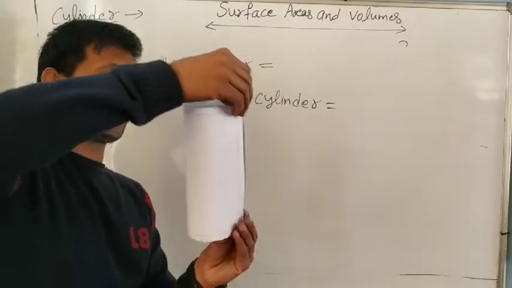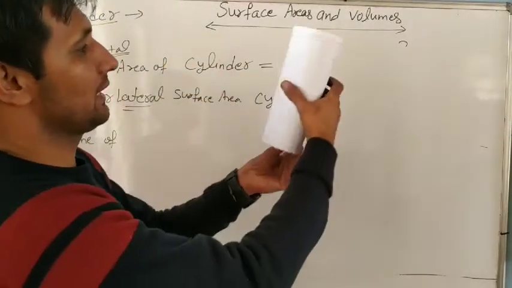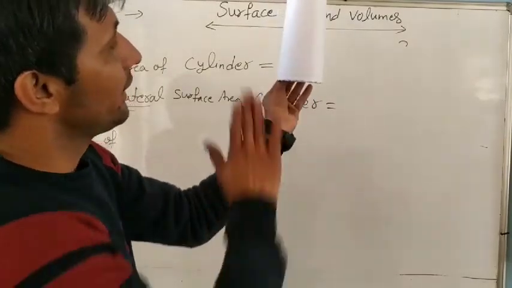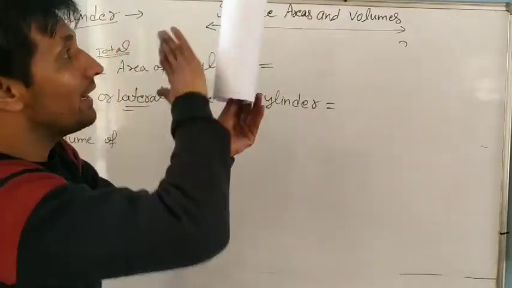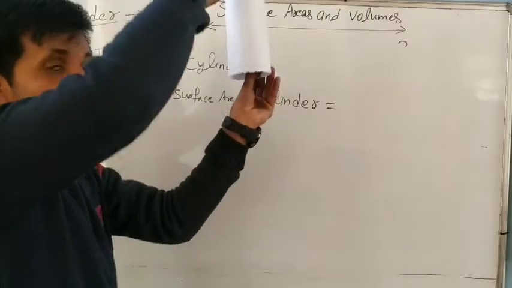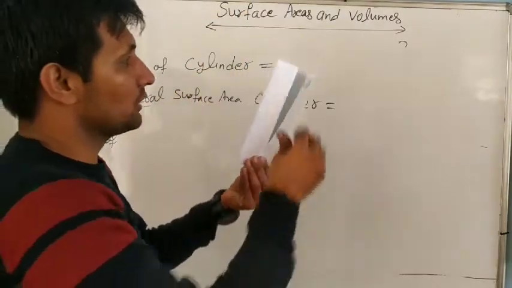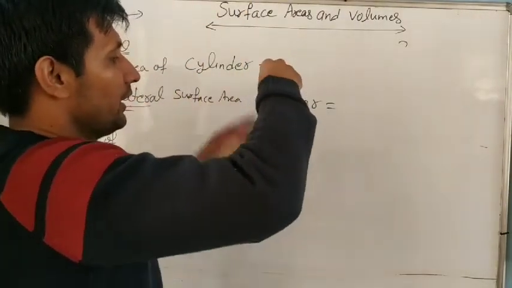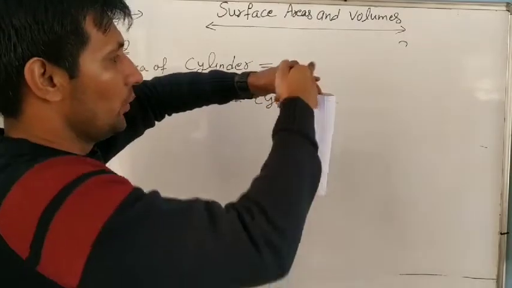Okay, it is a cylinder, everyone knows. If I fold the page like this, it is also a cylinder. It has an area. And how will you find this area? It is the height of the cylinder. And suppose I cut this cylinder with scissors like this.